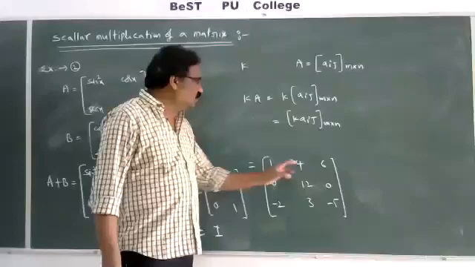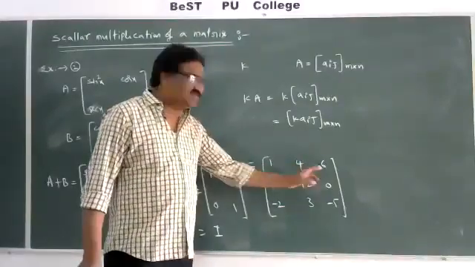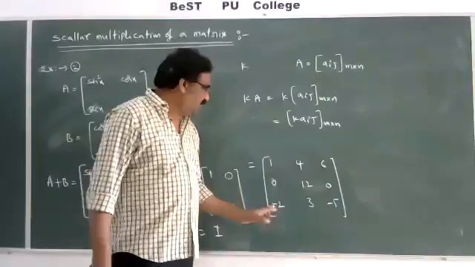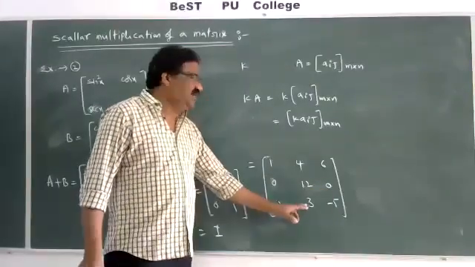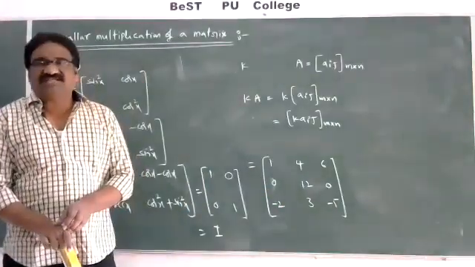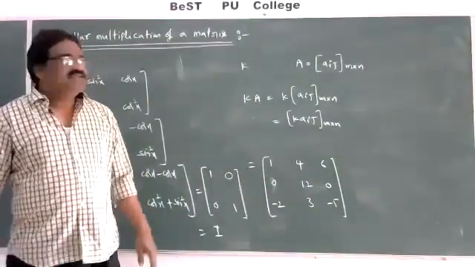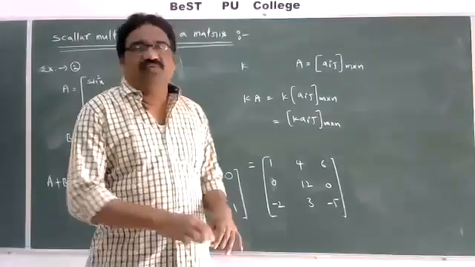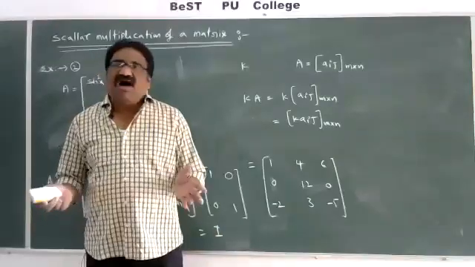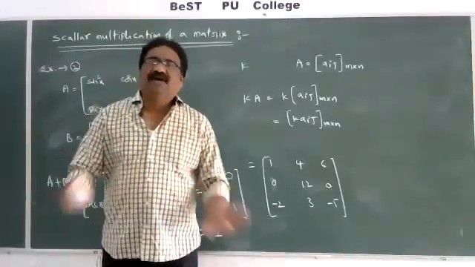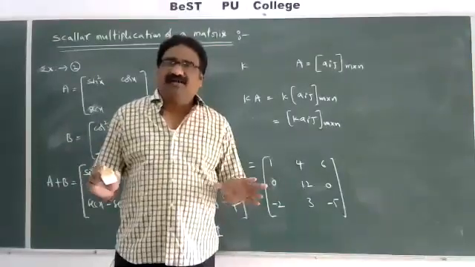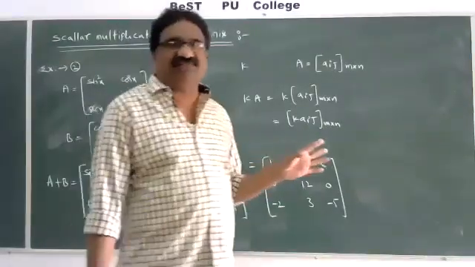That is 2 ones 2, 2 fours 8, 2 sixes 12, 2 zeros 0, 2 twelves 24, 2 zeros 0, 2 into minus 2 minus 4, 2 into 3 is 6, 2 into minus 5 minus 10. That is the scalar multiplication of a matrix. Scalar multiplication means you multiply any scalar with the given matrix, multiplying all elements with that number.